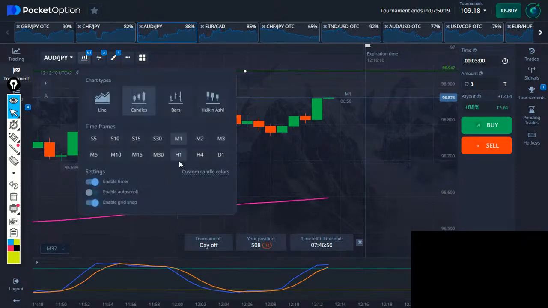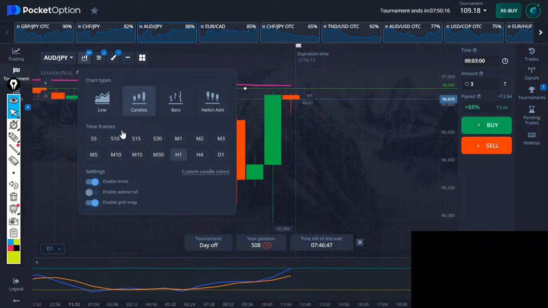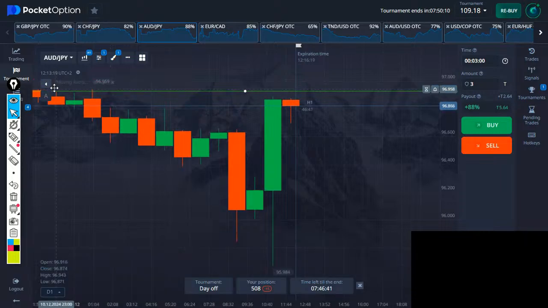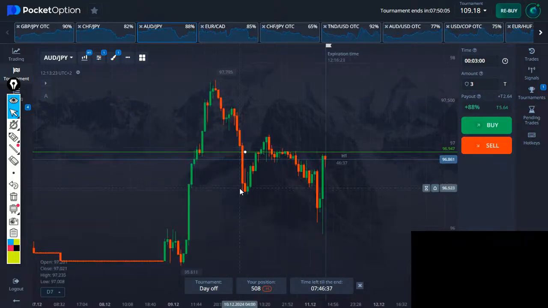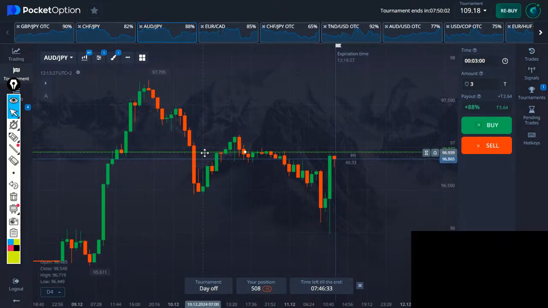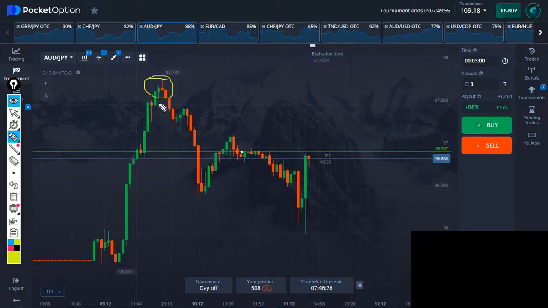Let me show you something on the 1 hour chart. Let me also remove the stochastic since we finished testing the strategy. So I remove the indicator. See, this over here is a very powerful zone. Why?